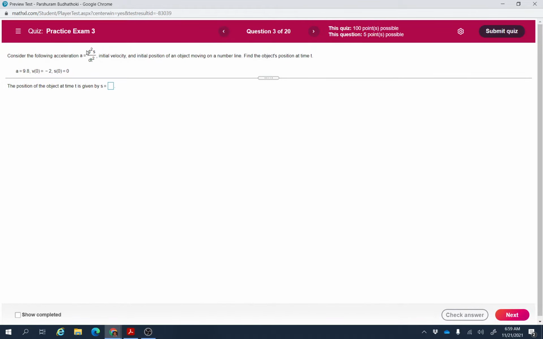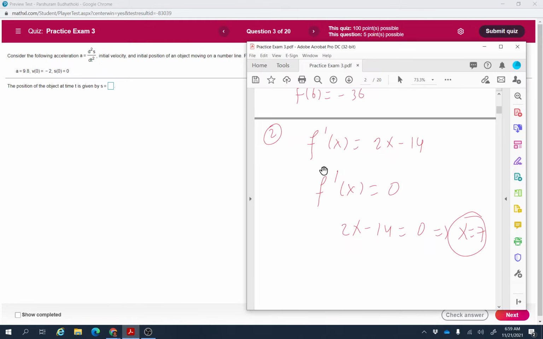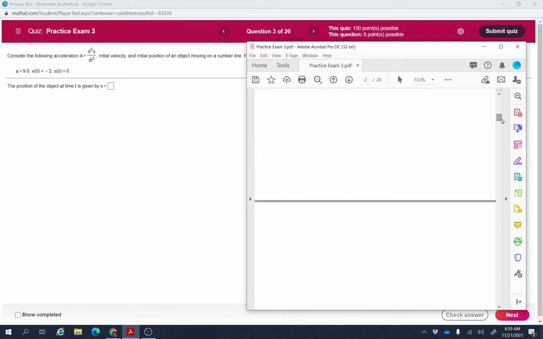Here we are given acceleration a, which is the second derivative of the position function, and finally we want to find the position function. To go back, we need to find the antiderivative, or integration, two times. Okay, so this is problem 3, and if we want to go back, we need to find the integration.